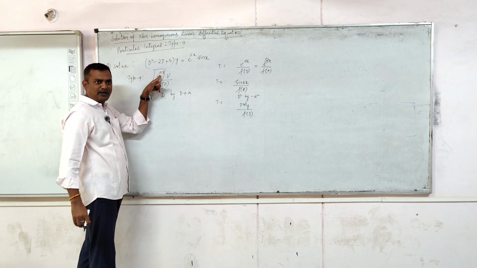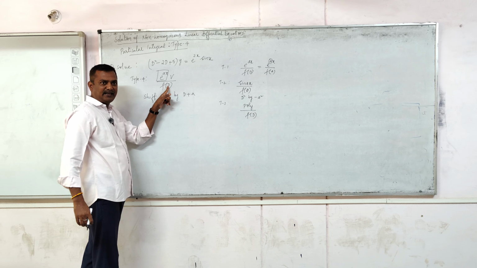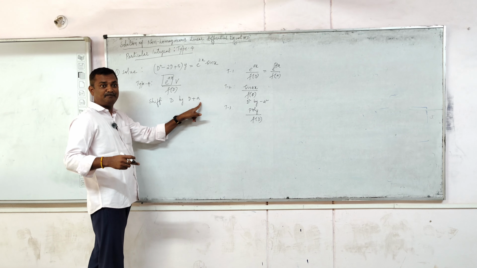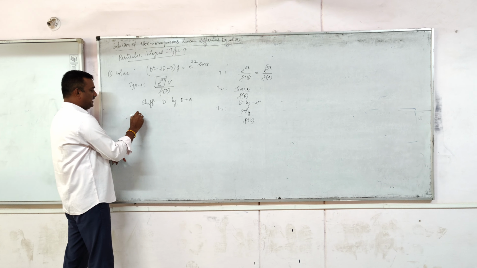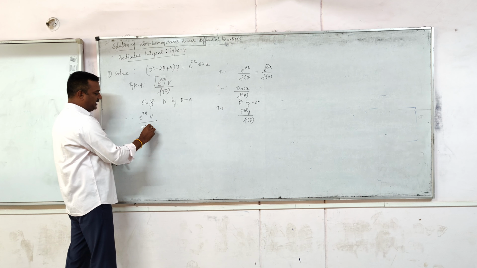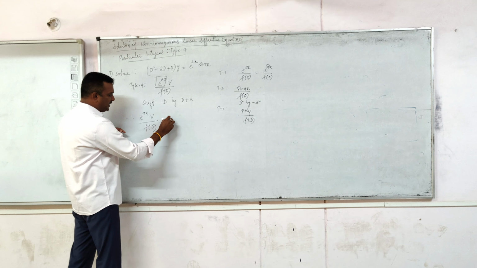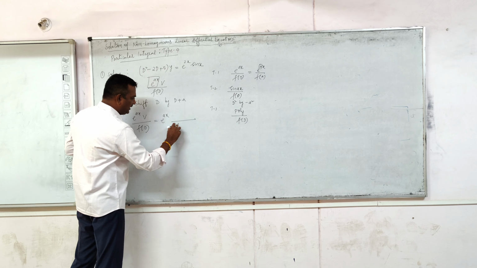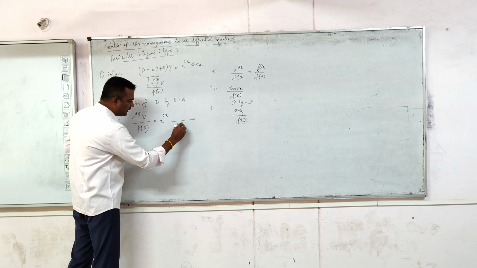In the denominator, function of D becomes function of D plus a. Therefore, e raised to ax into V divided by function of D can be written as: exponential's job is to shift the denominator D by D plus a.